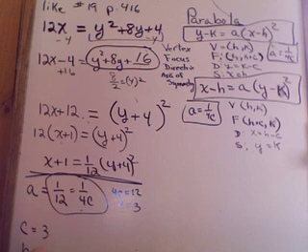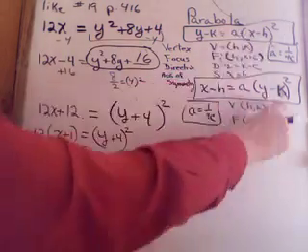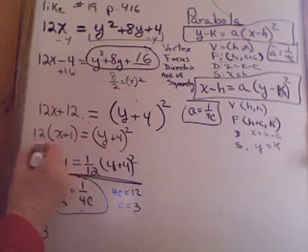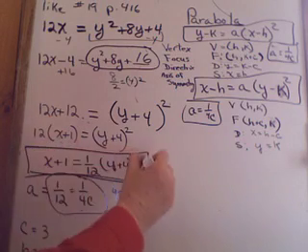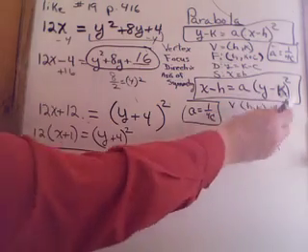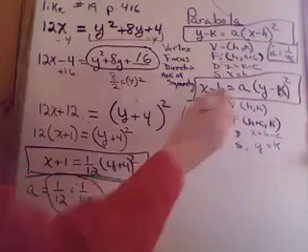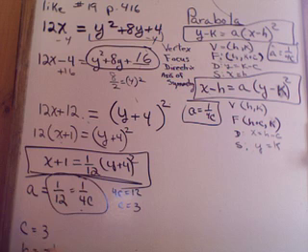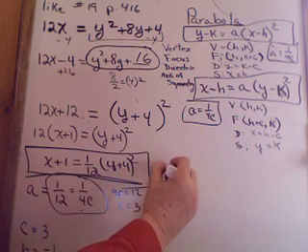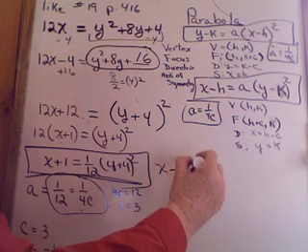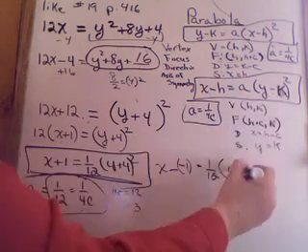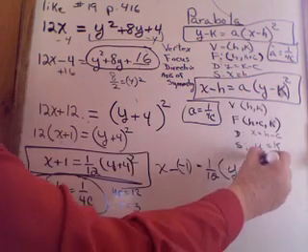I also need to find h and k, because those are other values that are used in these equations. How do I know what the h is in this general equation that I have here? Well, y minus k, x minus h. So if this is x minus h, then the h has to be minus 1, because x minus a negative 1 equals 1/12 times y minus a negative 4 squared.